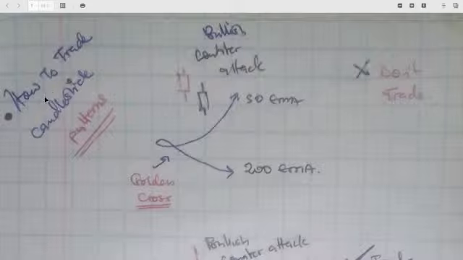So the name of the presentation is how to trade candlestick patterns. The first thing that you will notice is on top here you see the candlestick pattern, the bullish counter attack. The bullish counter attack basically has a red bar here and a white bar.